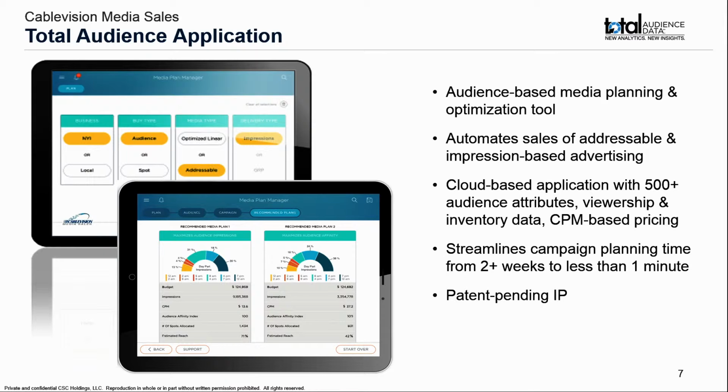So we built something called the Total Audience Application that has all of the inventory data and availability and all of the audience data, and it allows buyers and advertisers the ability to plug in their attributes and get an immediate view on how much reach they can generate in our marketplace against how many impressions over what period of time.